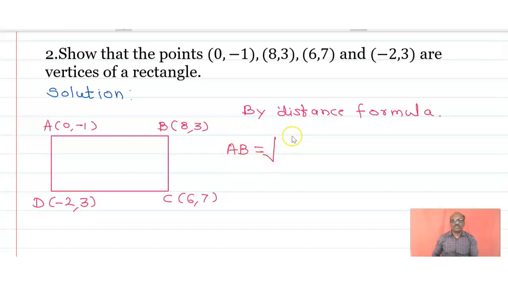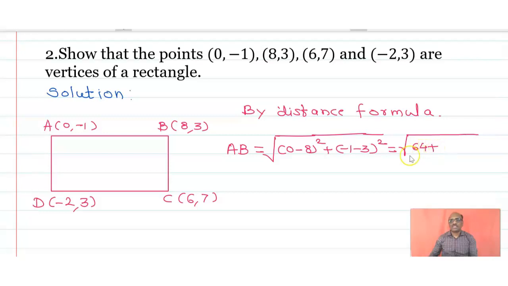AB is equal to the root of (x1 minus x2) squared plus (y1 minus y2) squared, that is (0 minus 8) squared plus (-1 minus 3) squared. 0 minus 8 means -8 squared, which is 64. -1 minus 3 is -4, and -4 squared is 16.